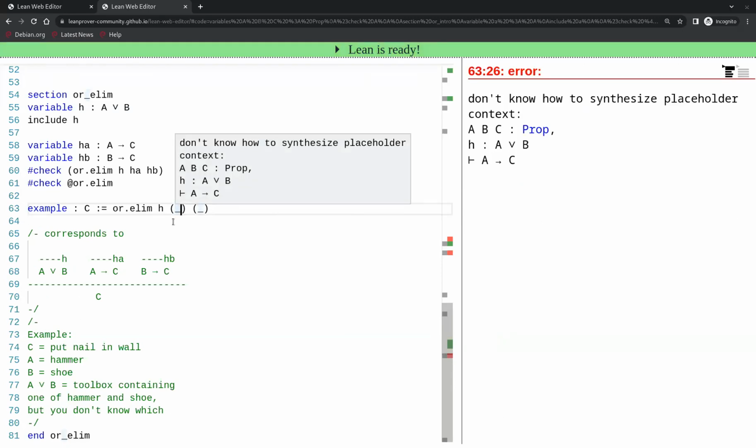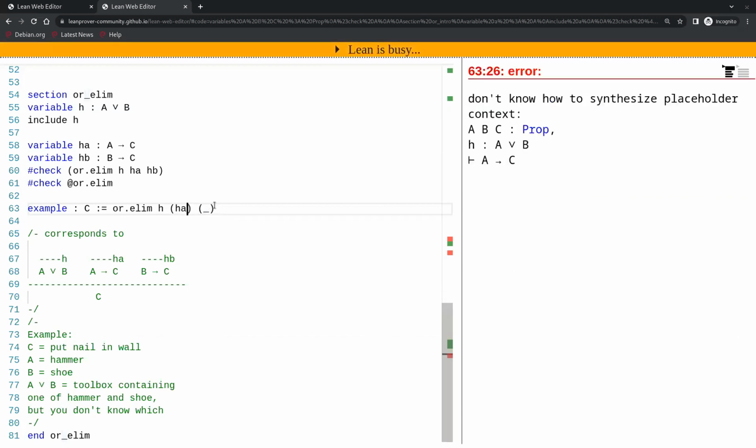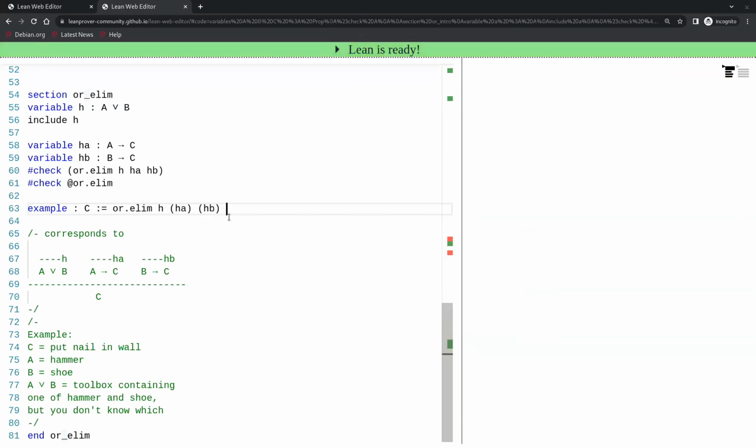So if you can prove both that A implies C and that B implies C, then let's pretend we have proved these. Then you have constructed a proof of C. That concludes our discussion of how to use a hypothesis that is a disjunction.